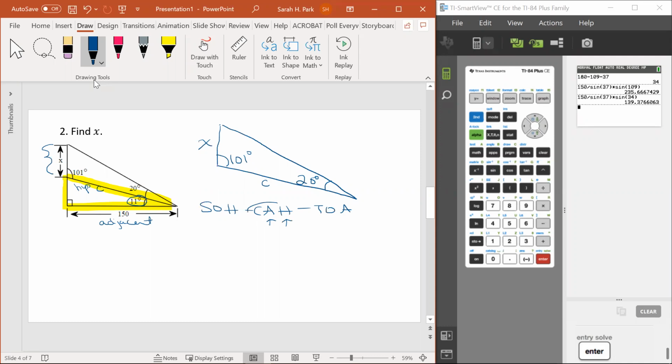That's a cosine function. So we can set up cosine of 11 degrees equal to the adjacent side, 150, over the hypotenuse, which we're calling C. Actually, let's call it H, because it's the hypotenuse.